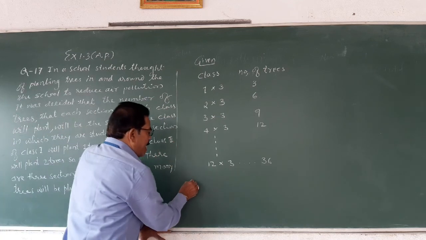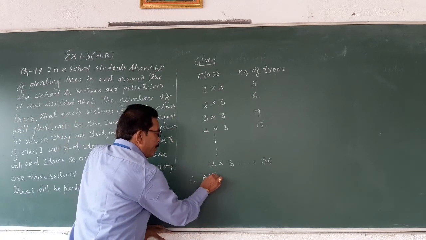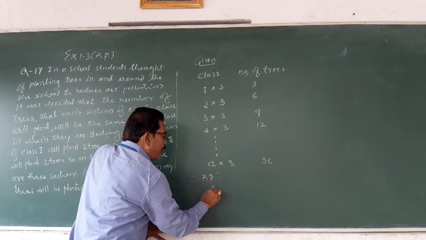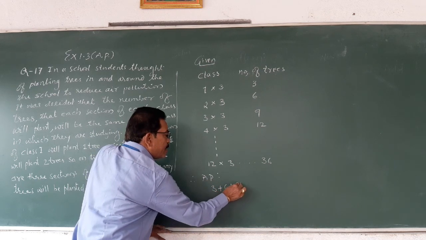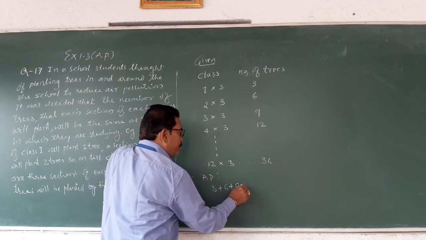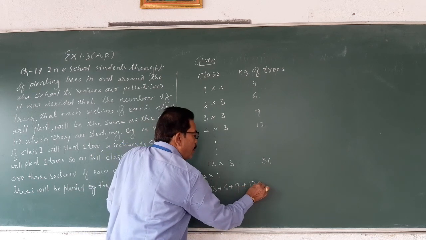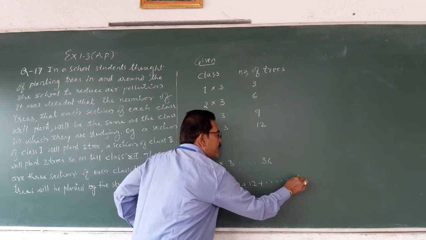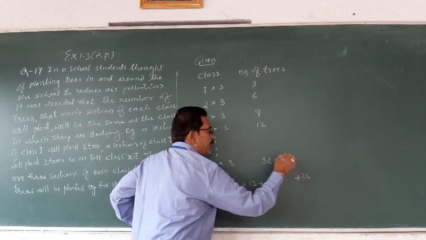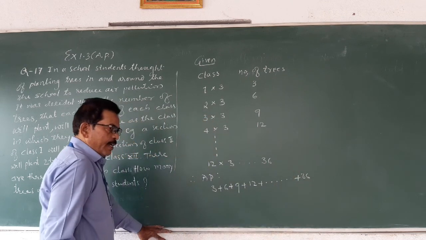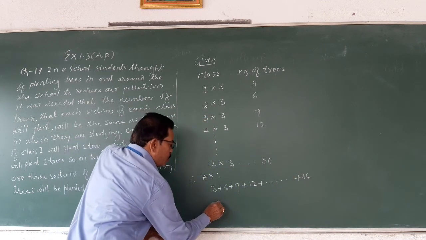So let us write it as an AP. That is 3 plus 6 plus 9 plus 12 plus dash dash up to plus 36. See, A equals 3.